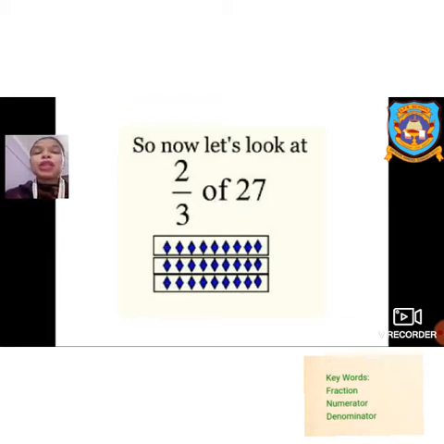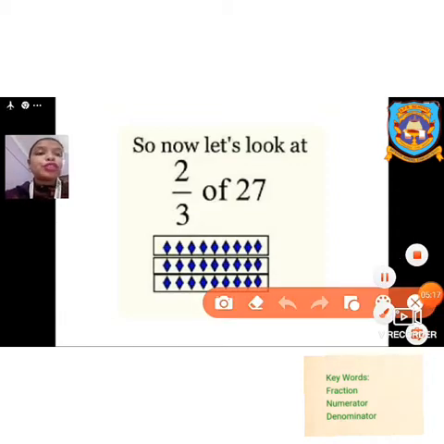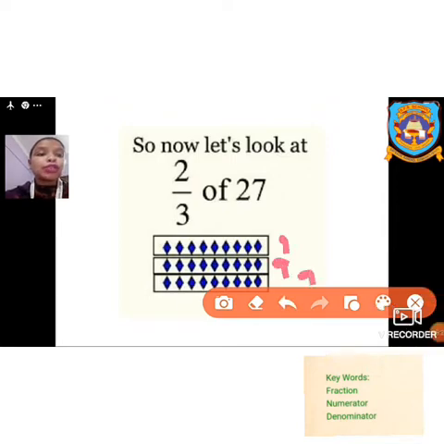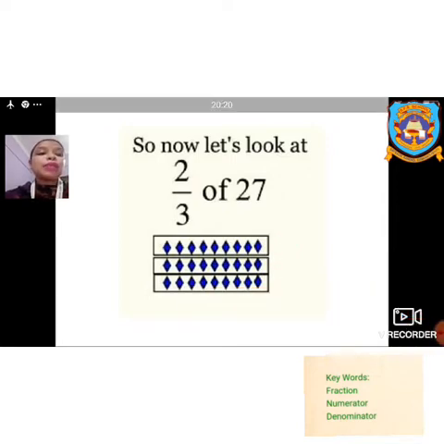Below in the picture, you can see some diamond shaped blue colored figures. How many are there? There are 27. How can I say? Because I have counted and I have got 27. The first row is 9, the second row also 9, and the third row also 9. So 9 plus 9 plus 9, how much?